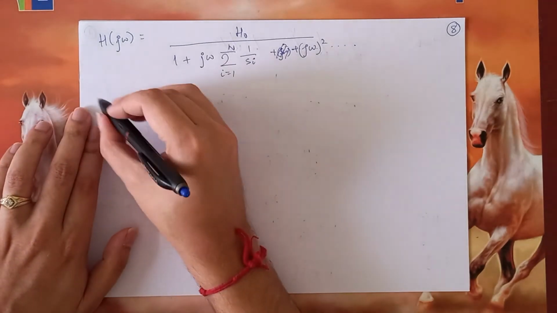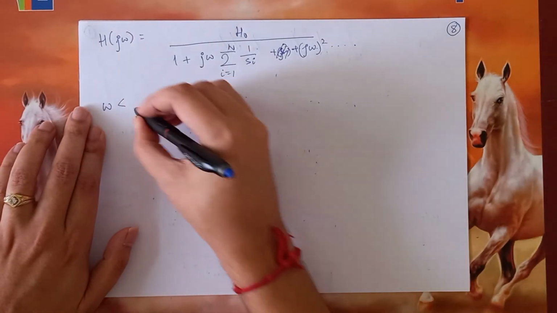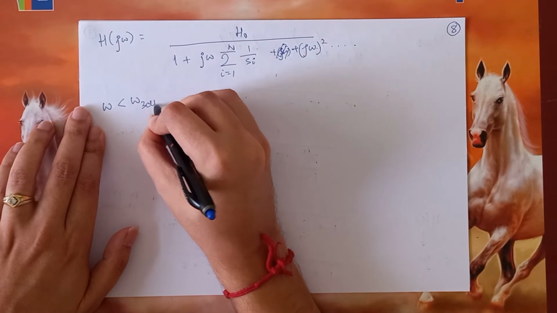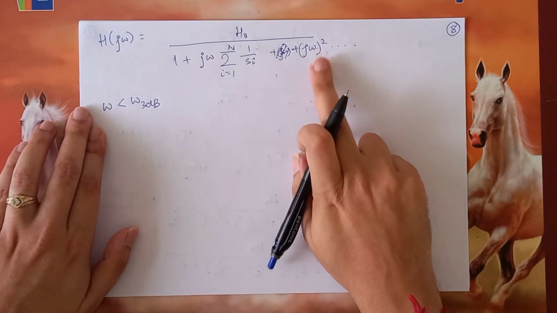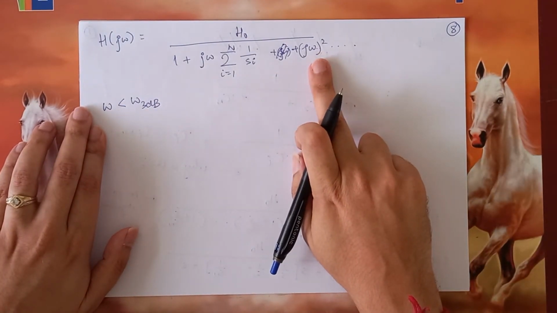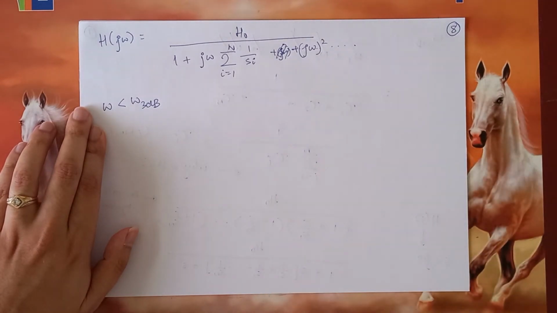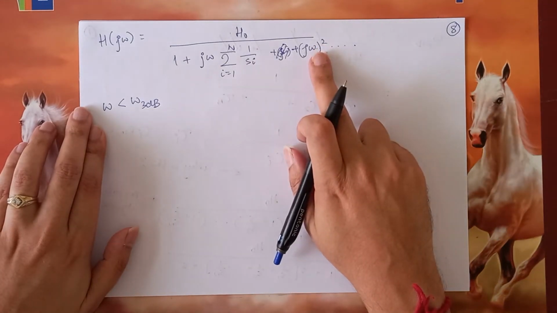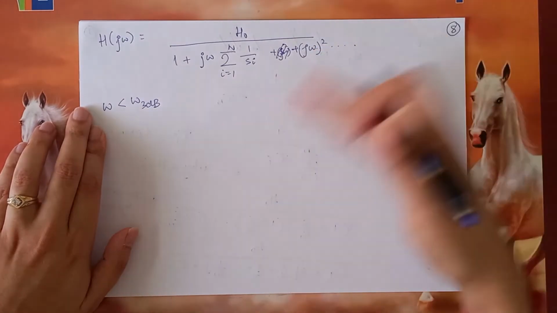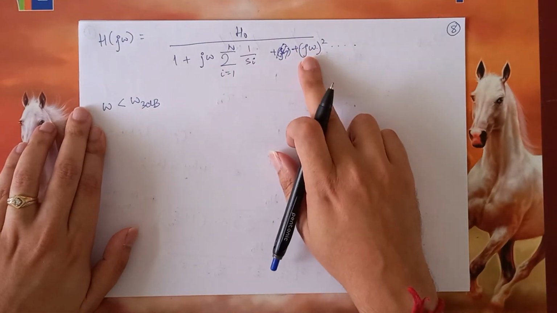Now let us say when the angular frequency is below the omega 3 dB, the second order and upward terms will be negligible, or rather they will not play a role in the denominator.